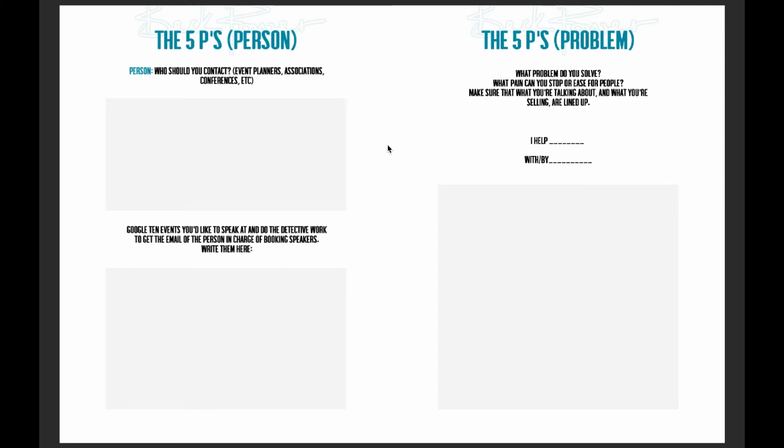If it's corporate, it will probably be HR maybe, or someone in charge of booking, like some sort of program coordinator. There's a few different roles, and so there's not really one that you can always rely on. So what you've got to do usually is your detective work, and you search through.